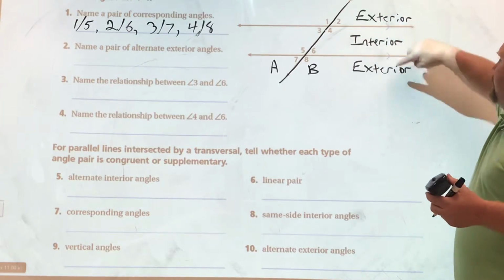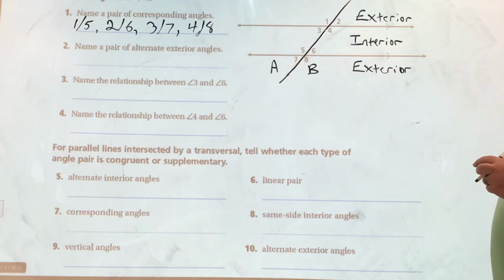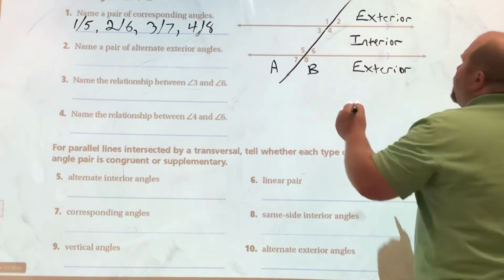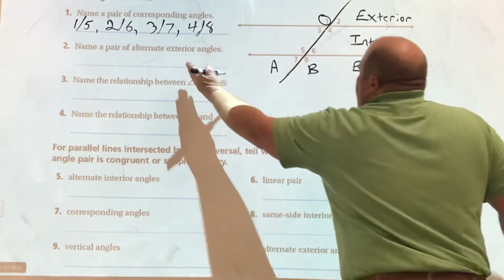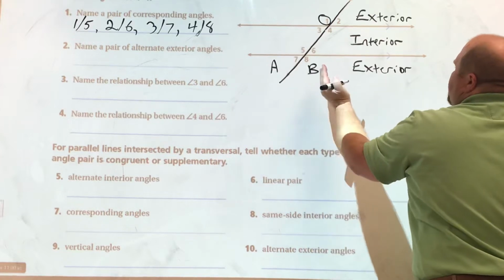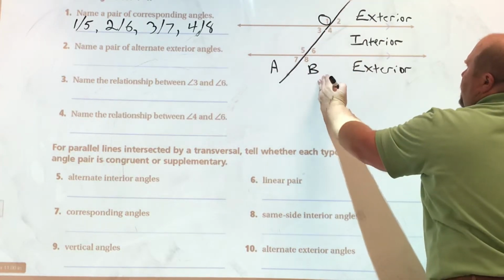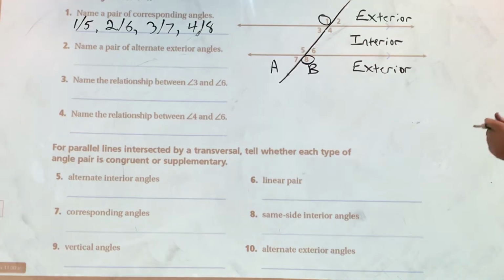So exterior, interior. When it talks about alternate exterior angles, so alternate, if we're looking at number 1, the matching alternate angle would have to come from side B, because we already got something from side A. So for alternate, we got to come to side B. And the alternate exterior angle would be 1 and 8.